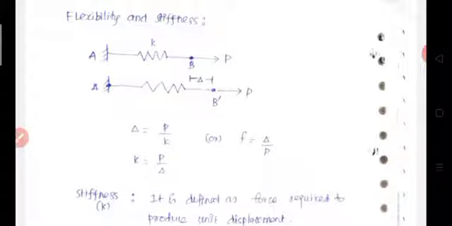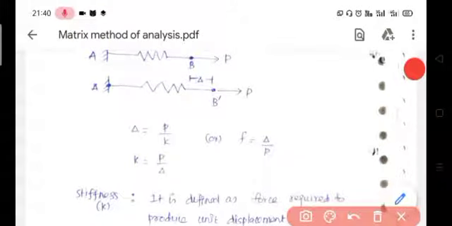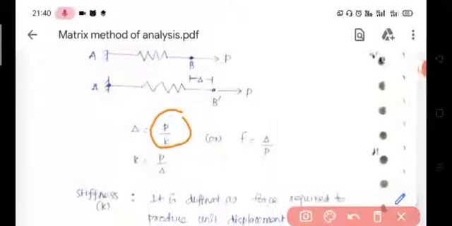So delta, that is the deflection or displacement of the spring, is equal to the force applied on the spring divided by the stiffness of the spring. So displacement equals force divided by stiffness. From that, the stiffness of the spring is equal to force by deflection, K is equal to P by delta.